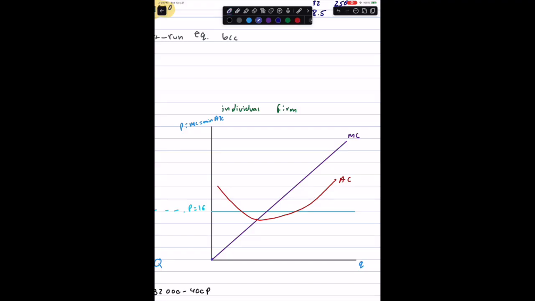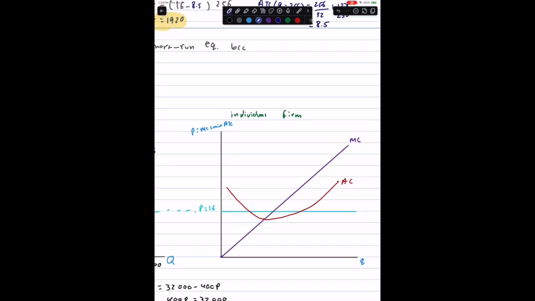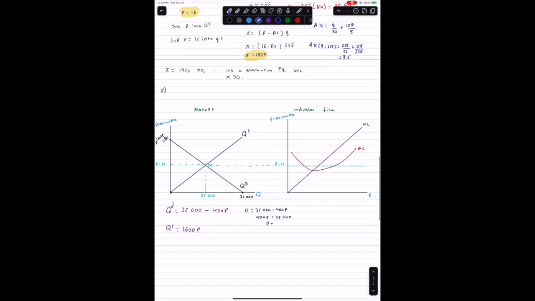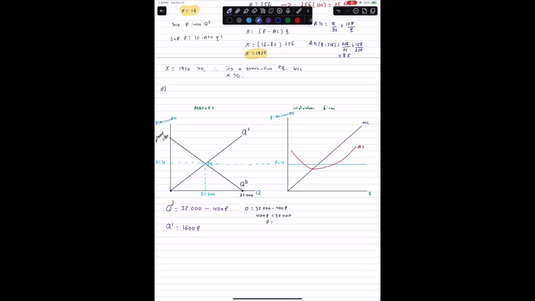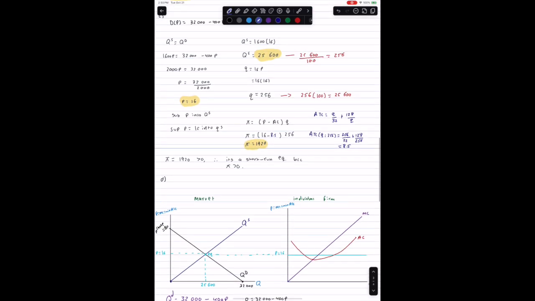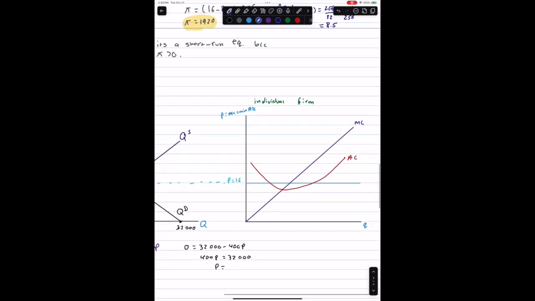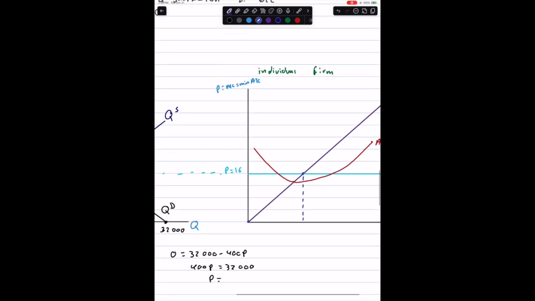We know that each firm supplies 256 units, right? And we found that by setting price equal to marginal cost. So right here, we know this is going to be equal to 256.